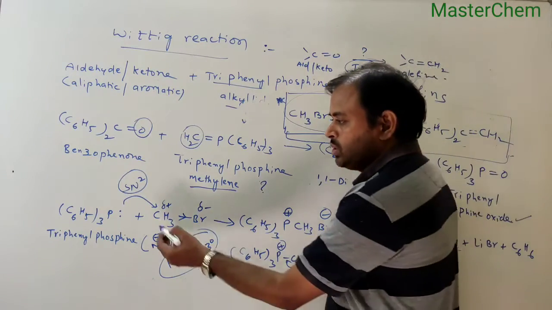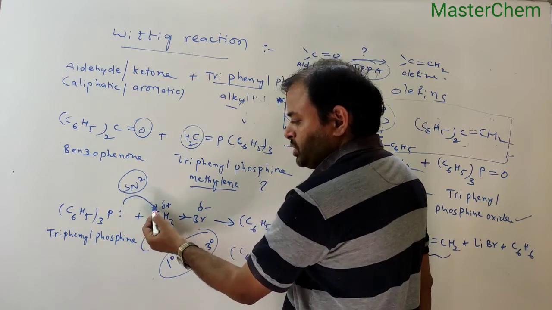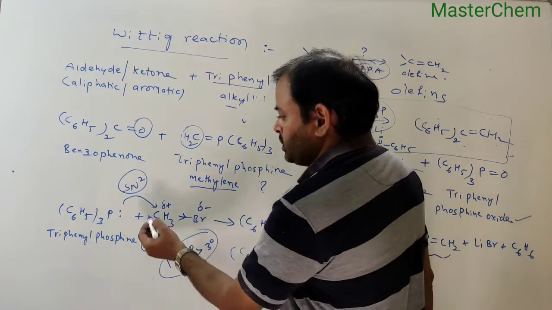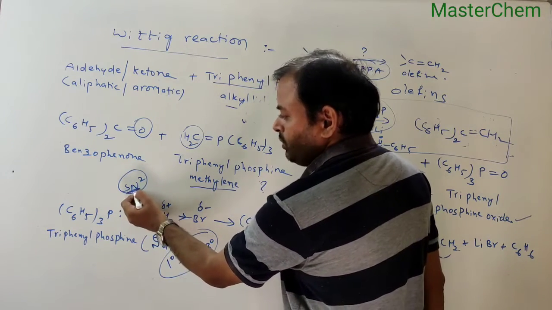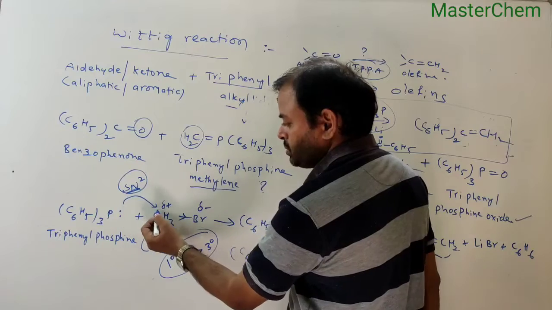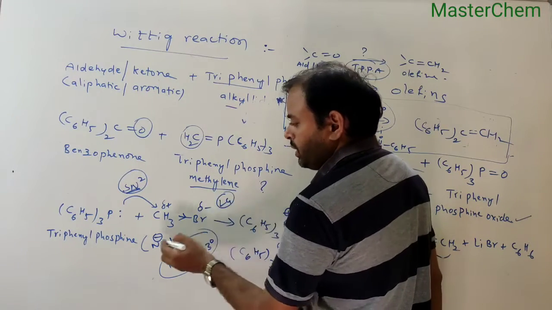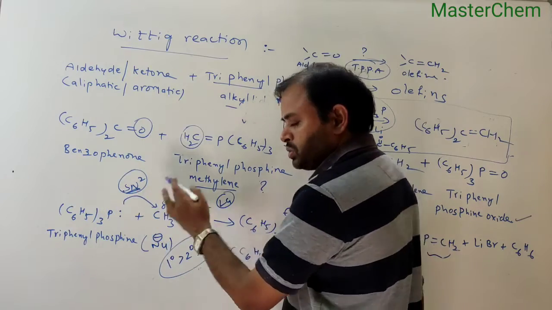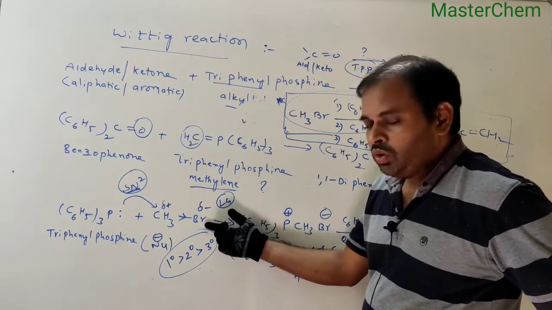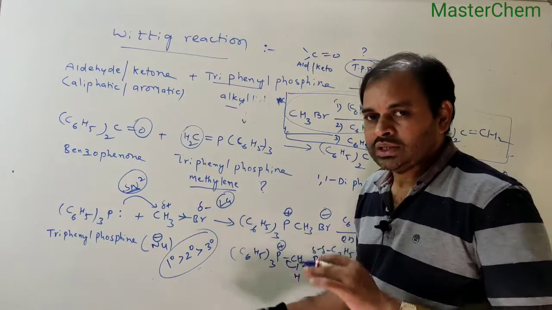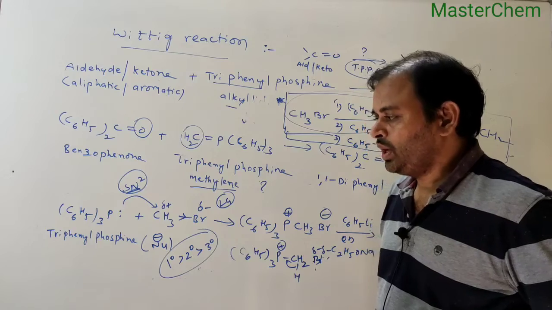Here it is a nucleophilic substitution reaction, where Br minus is the leaving group. Nucleophilic substitution and removal of the leaving group take place simultaneously. That is called an SN2 reaction.